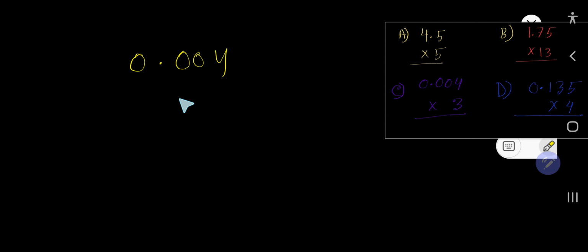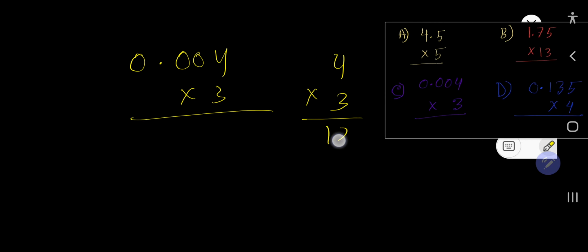Let us take the third example, 0.004, and you need to multiply this by 3. So at first write the problem without the decimal. So we are getting 4 here, and here we need 3, so 12.